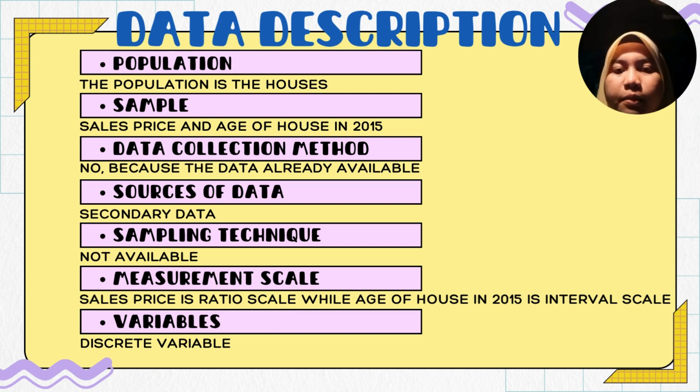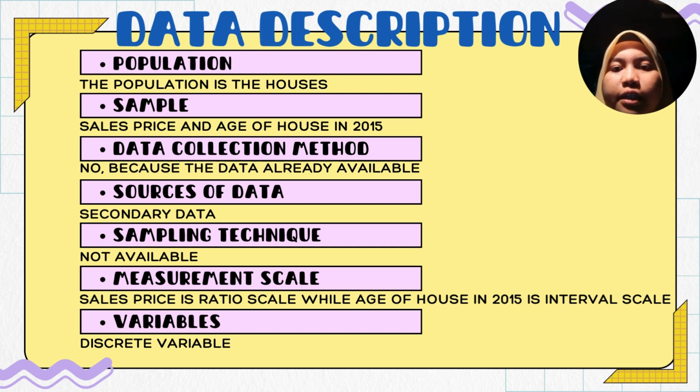In this data description, we will discuss population, samples, data collection method, sampling technique, measurement scales, and variables. The population involved in the study is all the houses, while the samples are sales price and age of house in 2015.